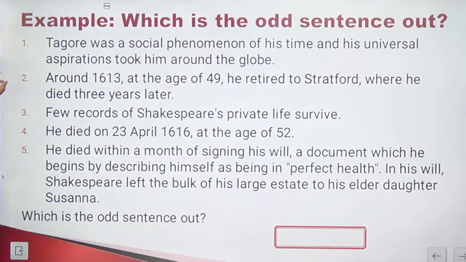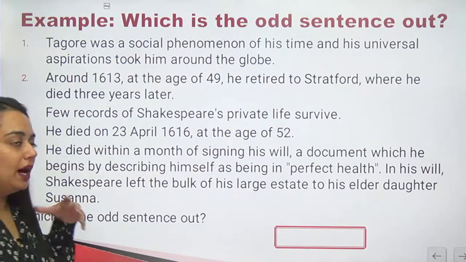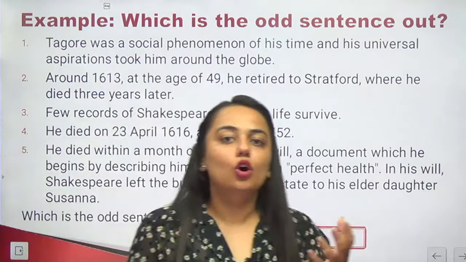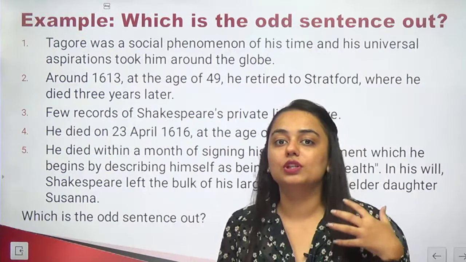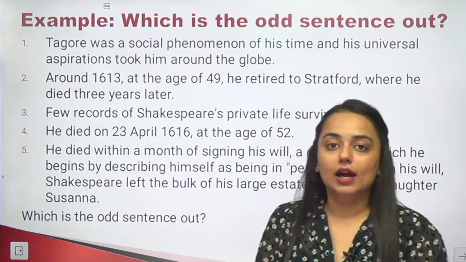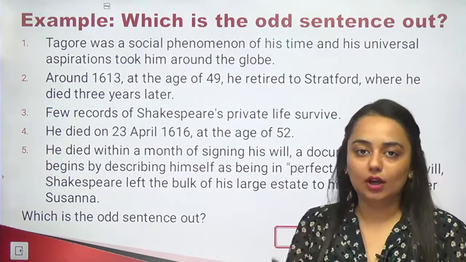So first is, Tagore was a social phenomenon of his time and his universal aspirations took him around the globe. So by the first line we see Tagore has been introduced, something about him is being talked about, right?